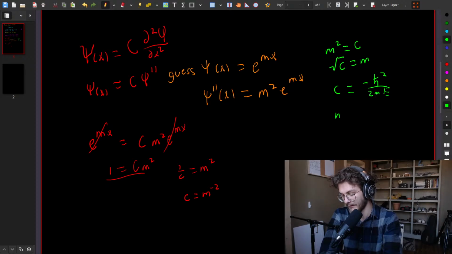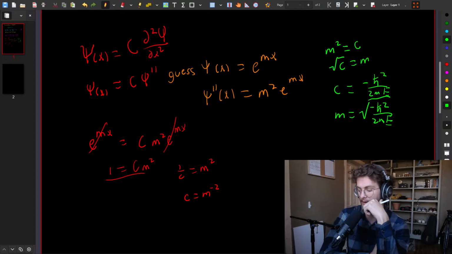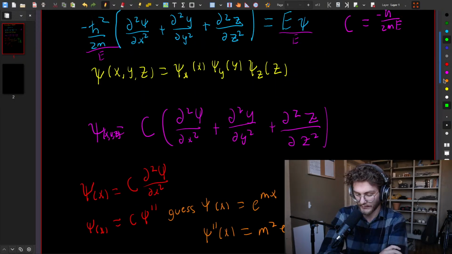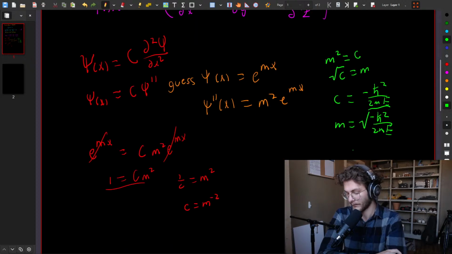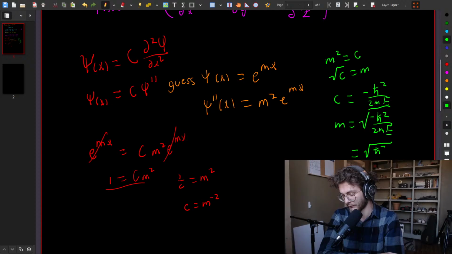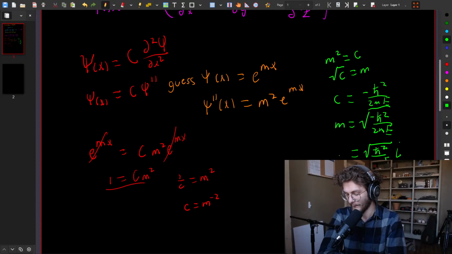That means that m equals the square root of negative h bar squared over 2m e. Now what's interesting is this gets us into an imaginary value. Let me just double check that's negative. Yeah, that's negative. So that means that m is the square root of h bar squared over 2m e times i.